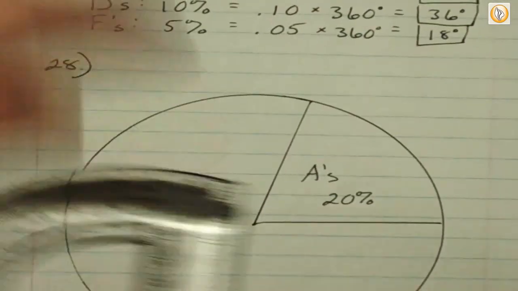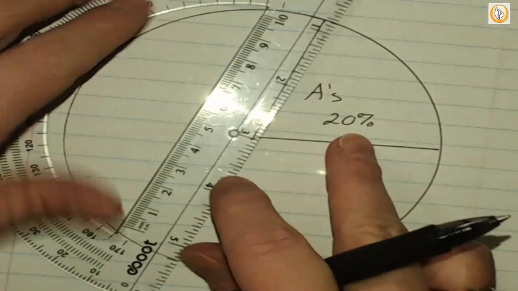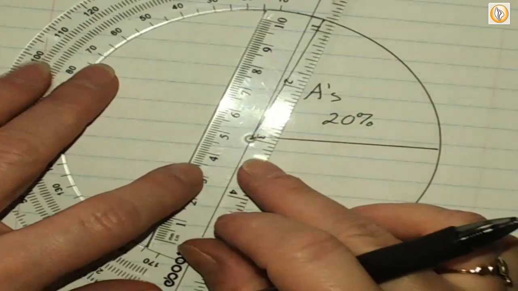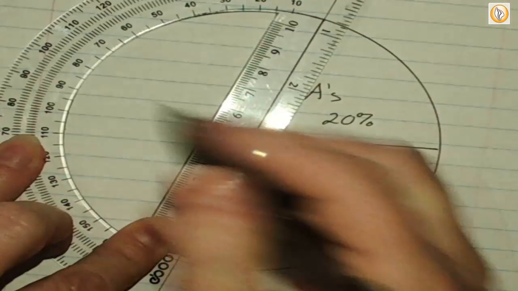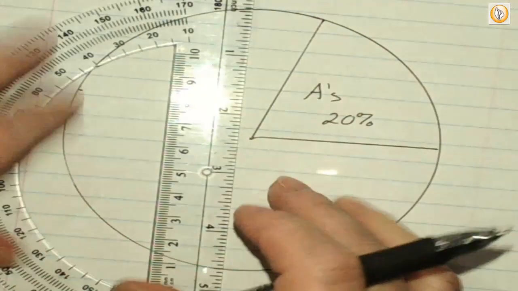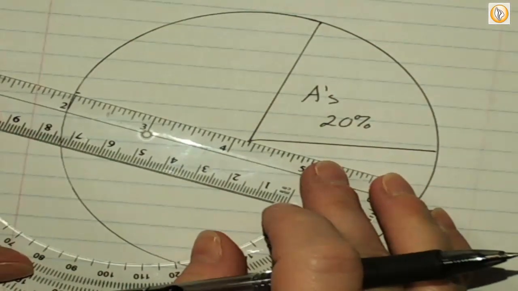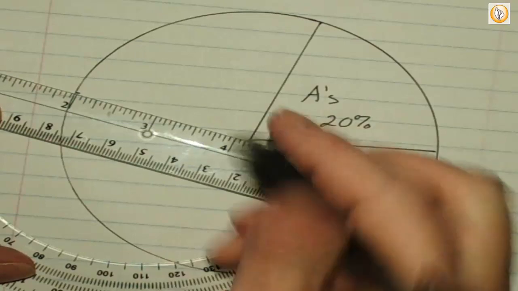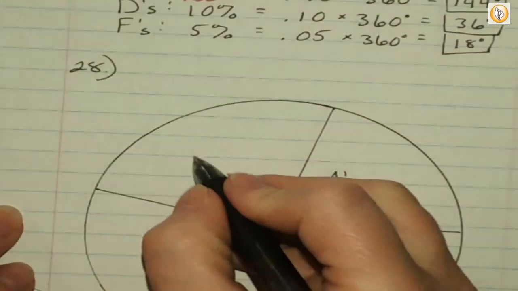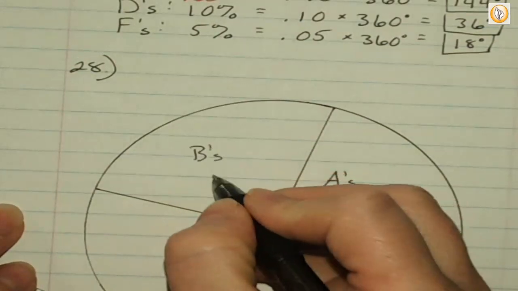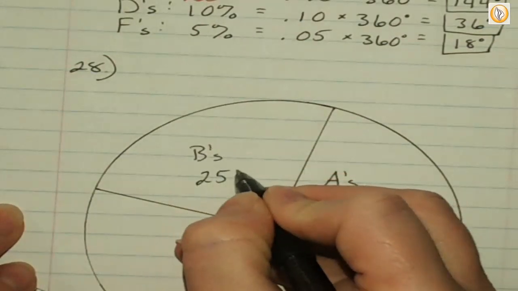Okay, so next one's 90. So this would be B's and 25%.